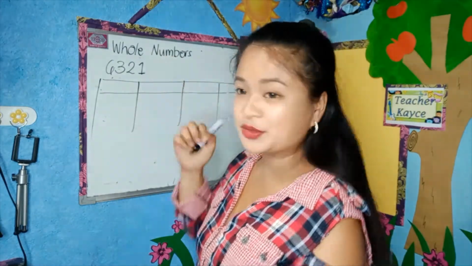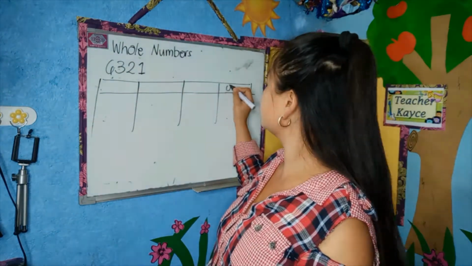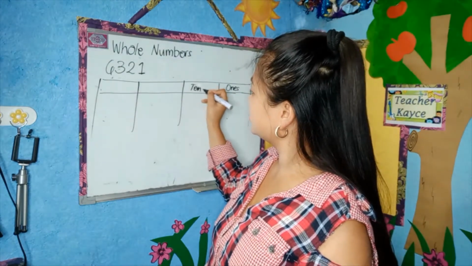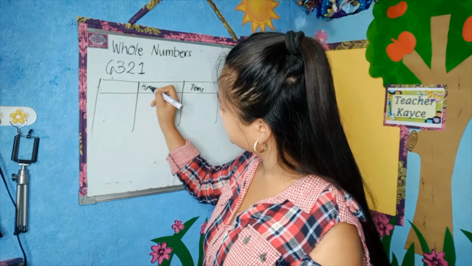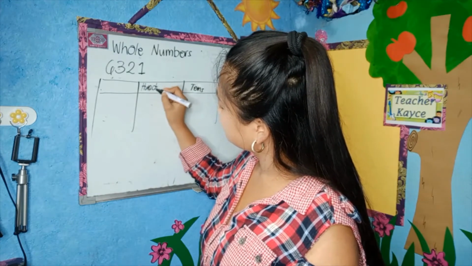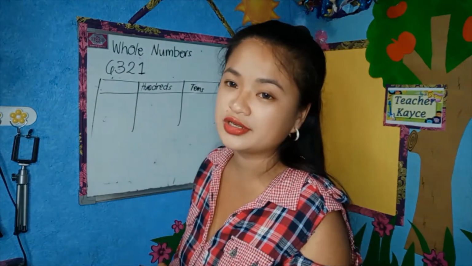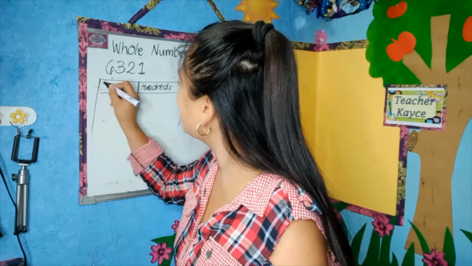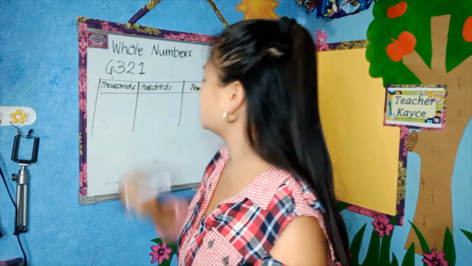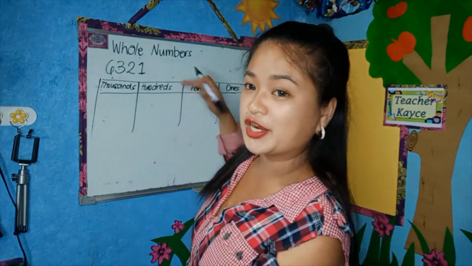For the last number here, we are going to place it under ones. The next is tens, hundreds, and next is your thousands.